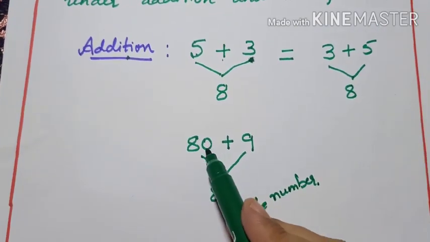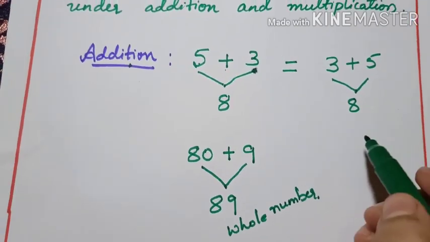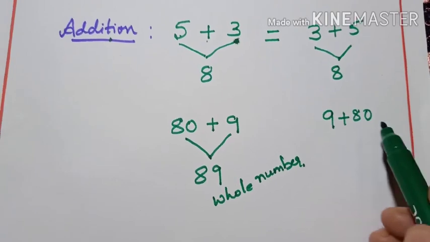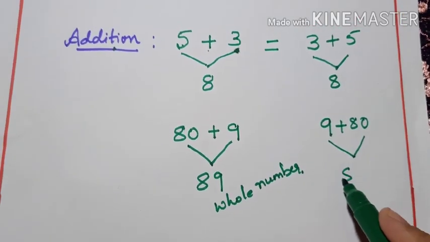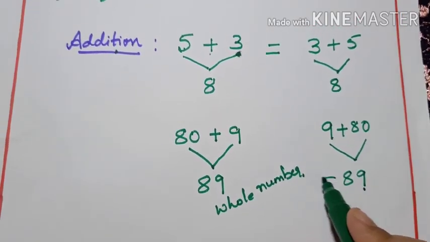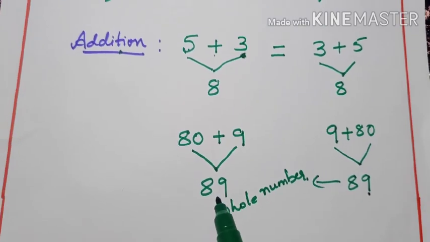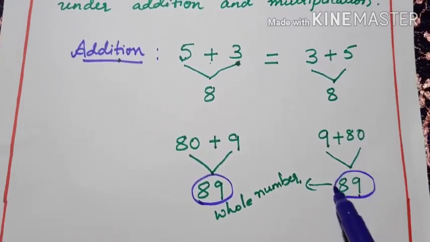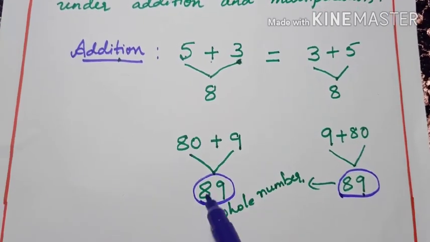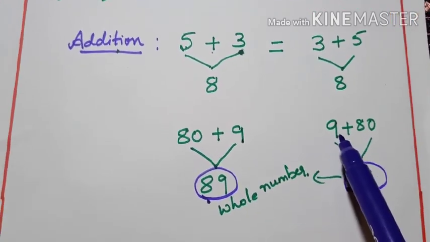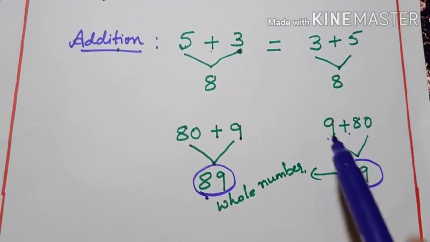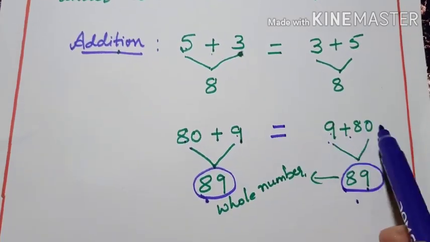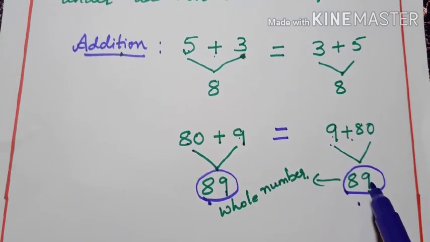When you add these two numbers in the reverse order, that is 9 plus 80, 9 plus 80 is also 89, and 89 is a whole number. Can you see the answers? 80 plus 9 is 89, and also 9 plus 80 is 89. Both are equal, only the order of the numbers has changed, but you get the same answer.